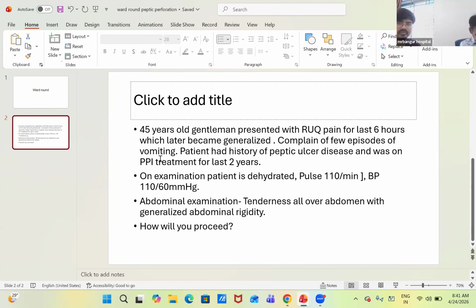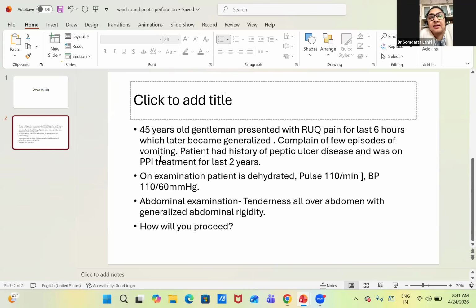History of melena. Okay. Time since onset. Other NSAID use. NSAID use, yes. Only NSAID? Will you ask for anything else? NSAID, PPI.